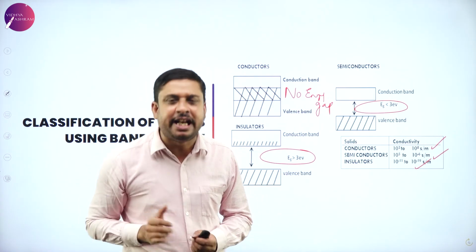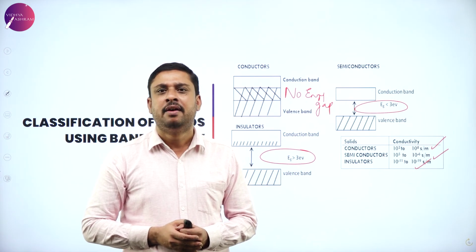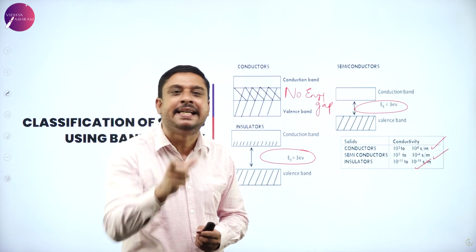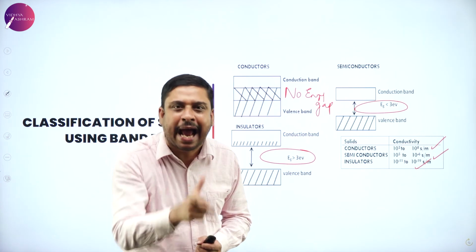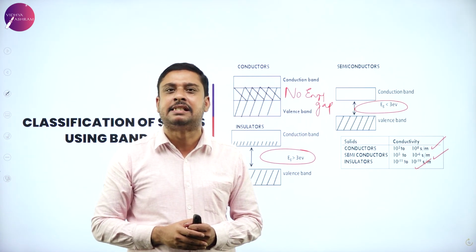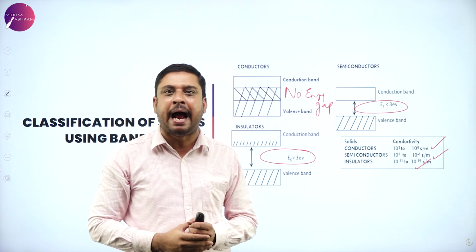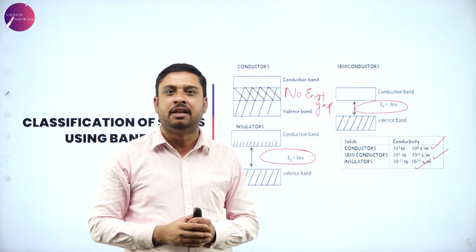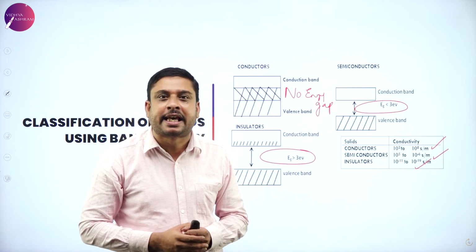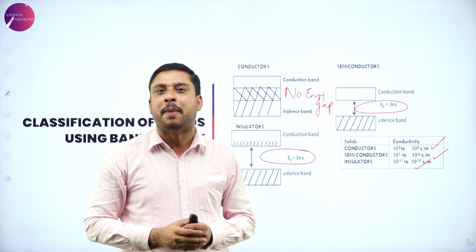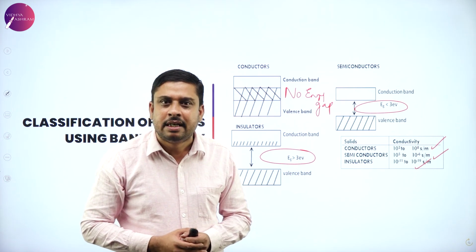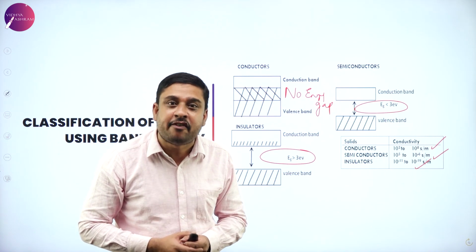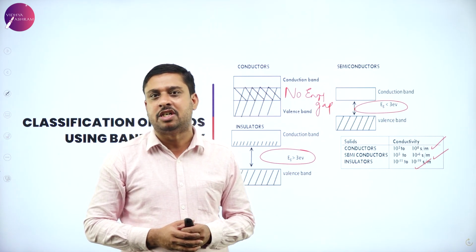So very beautifully in today's session, we had an outlook to the semiconductor theory. What actually a semiconductor is, what is an energy band, types of energy band, forbidden region, and classification of solids in band theory. The next, we try to understand the classification of semiconductors.